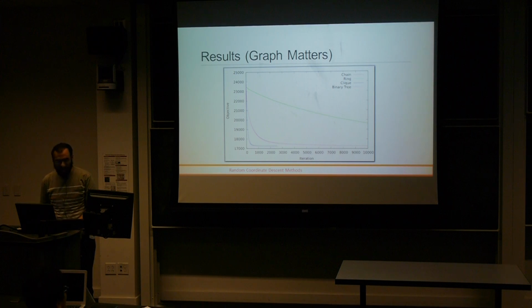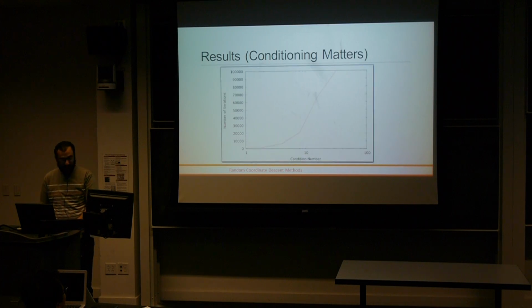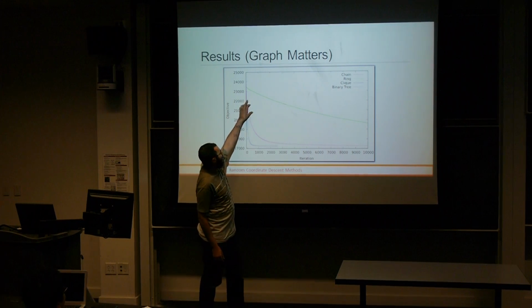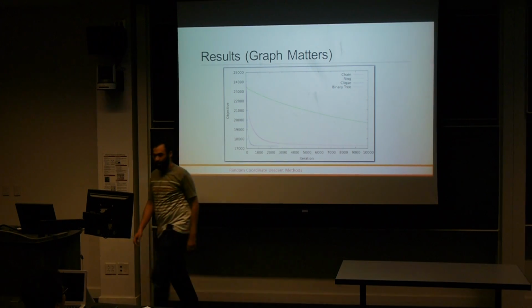So basically, chain and ring are very similar. Binary tree is much better, and clique is doing the best. There are only 3 lines. Yeah, chain and ring are the same.